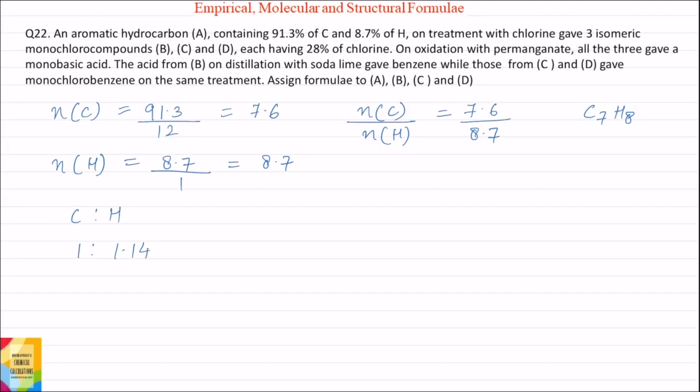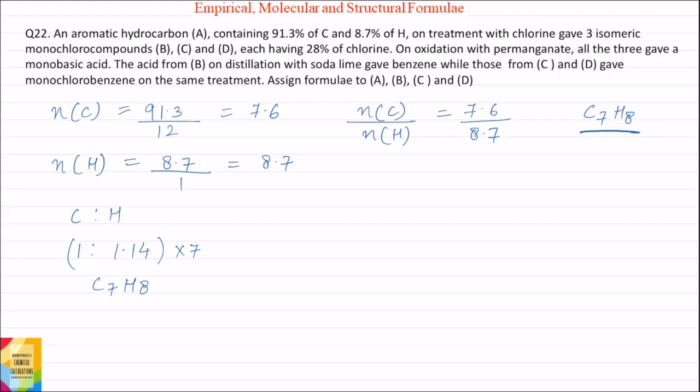Now the moles of carbon is 7. So if we multiply this entire ratio by 7, then also we get the formula as C7H8. And if we find out the percentage of carbon and hydrogen from this formula, then it is same as given in the question. So this is the formula of the compound.